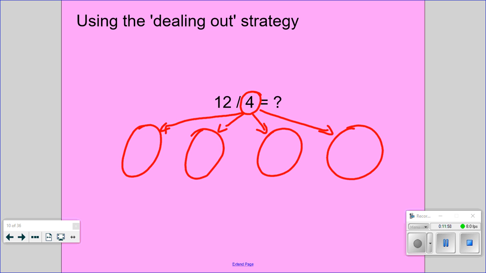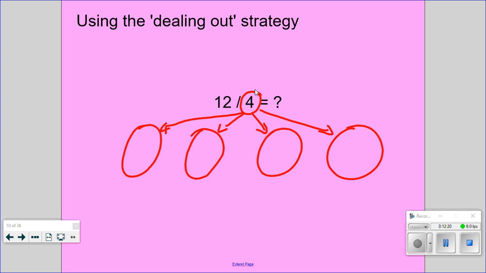Now what? Gavin, now what? How do I know when to stop? You count to the number while you deal out 1 to each group. So what number am I going to stop at? 3? No. Well, 12 actually.